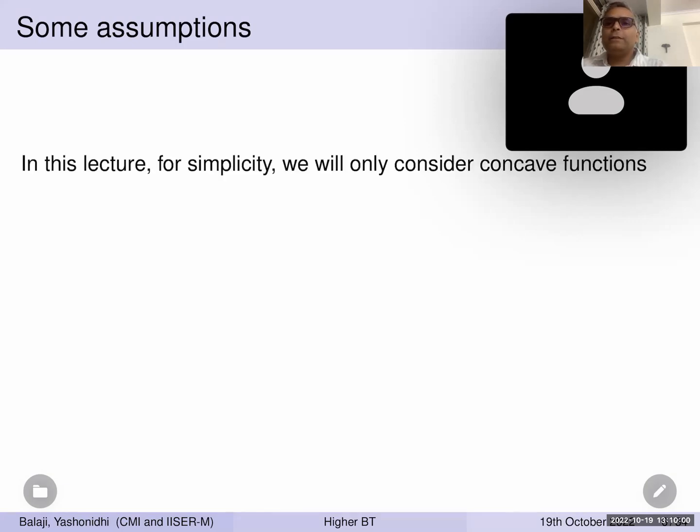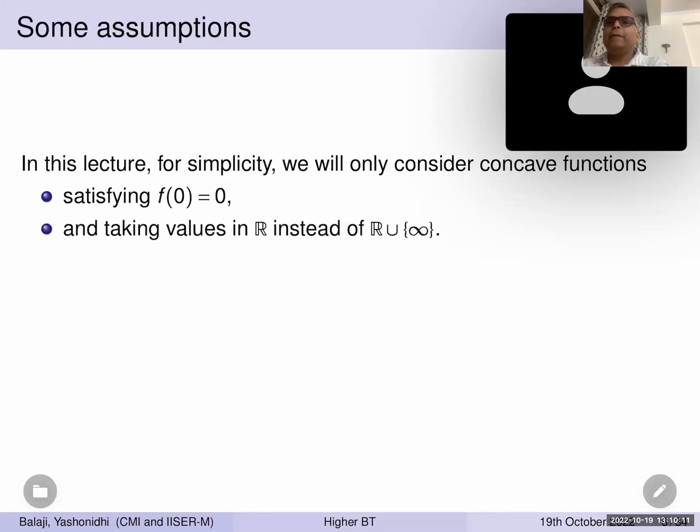In this lecture, for simplicity, we will only consider concave functions satisfying f of 0 equals 0 and taking values in R instead of R union infinity. We'll see later why I'm doing this.